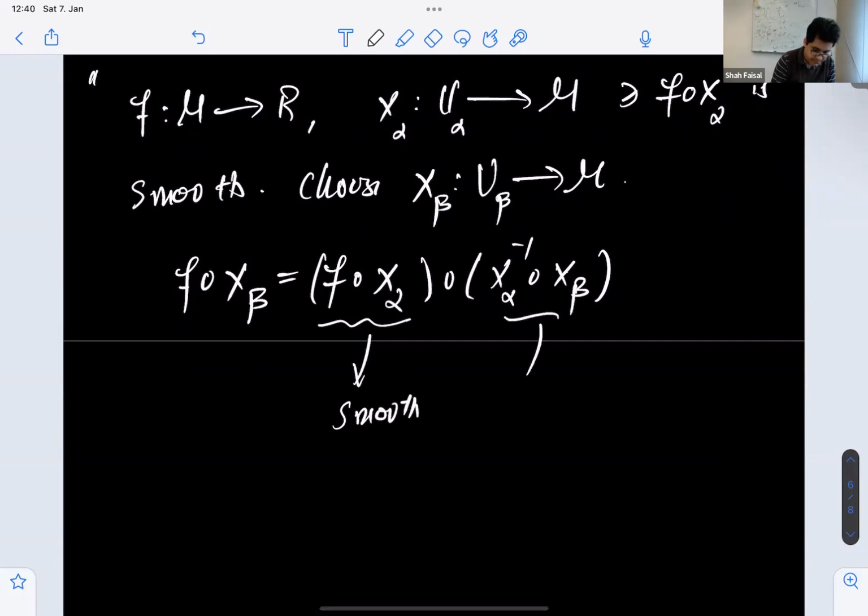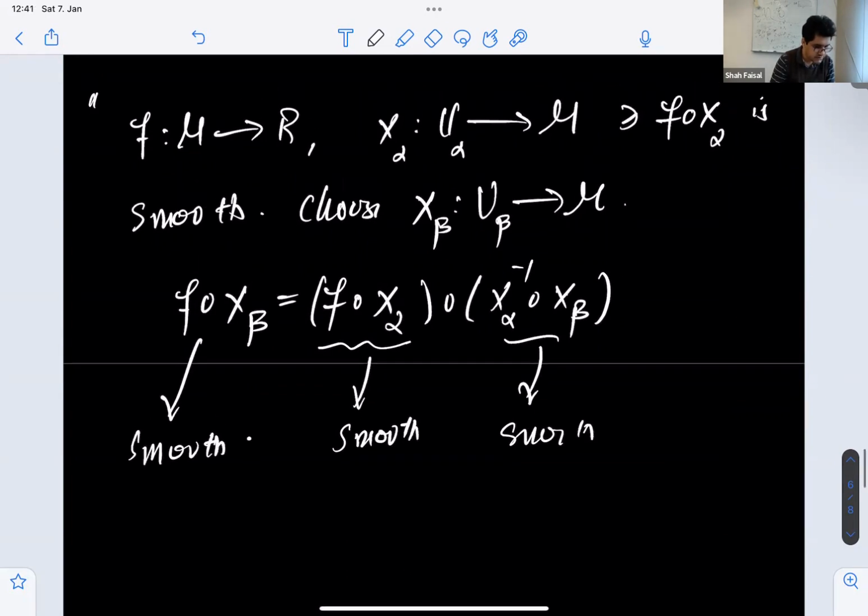And by definition of manifold, these transition maps are smooth. So the composition of two maps is smooth, so this one is also smooth. And therefore, if the function is smooth with respect to my choice of this local coordinates or local charts, you can say, then it's smooth automatically with respect to your choice.